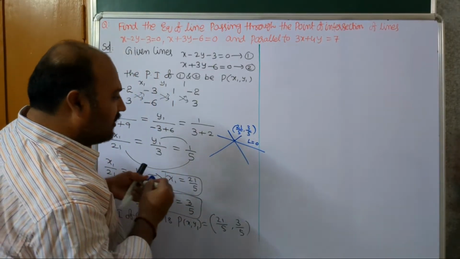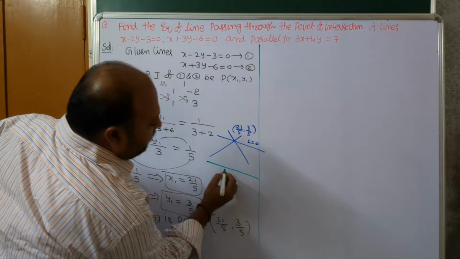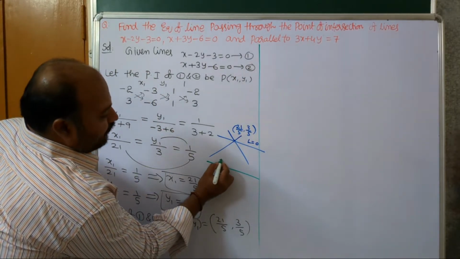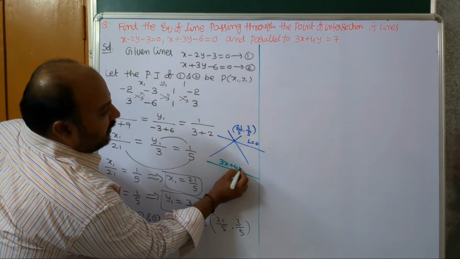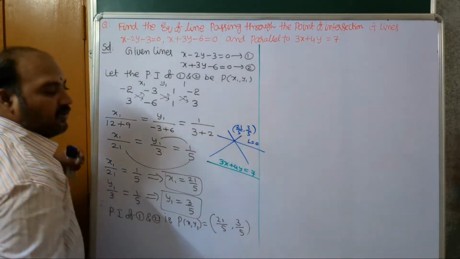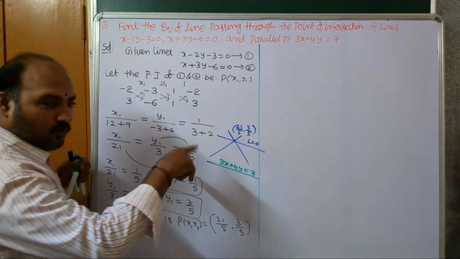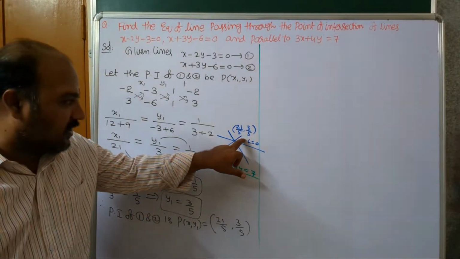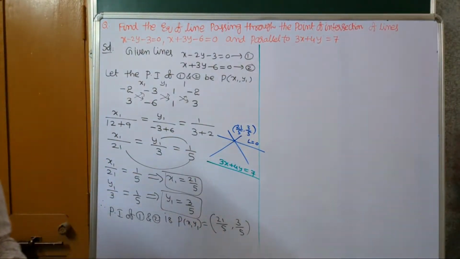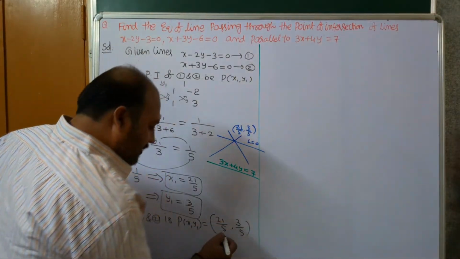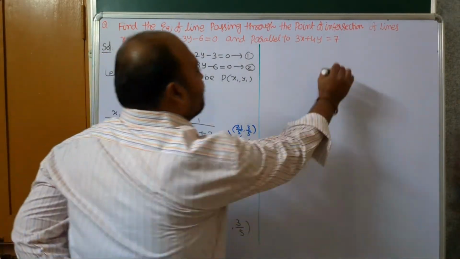This is the given line, 3x plus 4y is equal to 7. Observe that the green line is parallel to the blue line only, no? This one, L is equal to 0. Both are parallel.